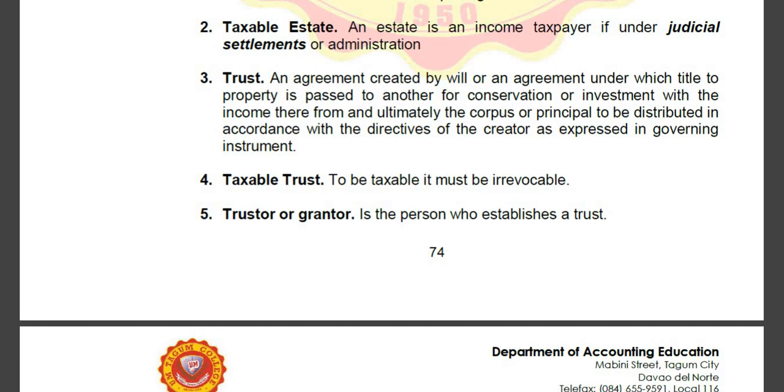But if the trust is revocable, then it is not taxable, because the ownership will revert to the trustor or to the grantor at some future time. So again, only an irrevocable trust, or those trusts where ownership of the property under trust will not revert to the trustor or grantor.